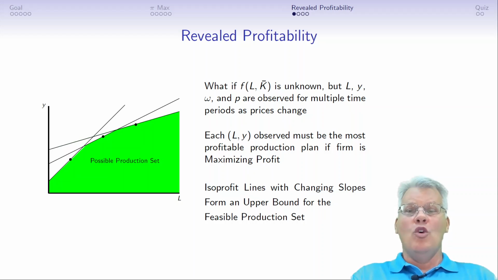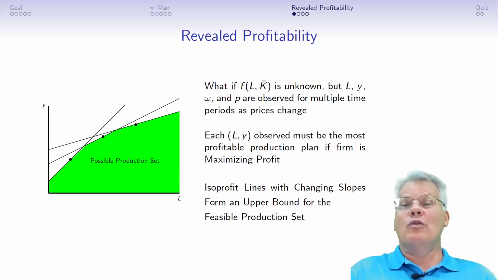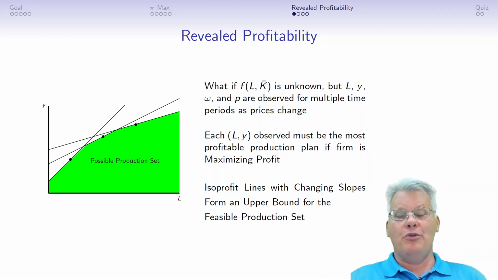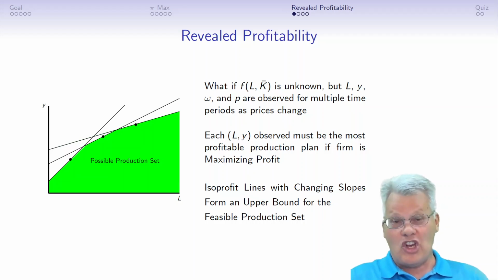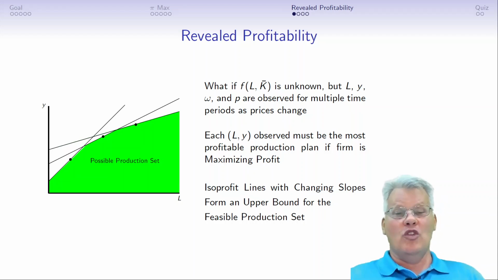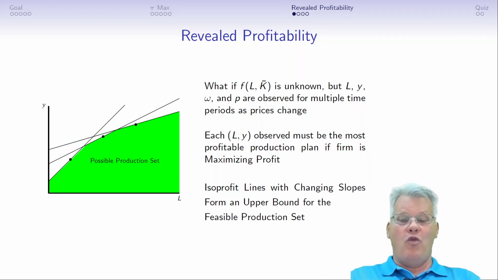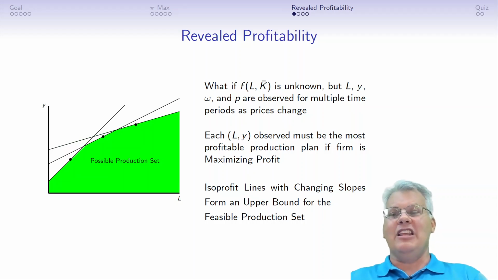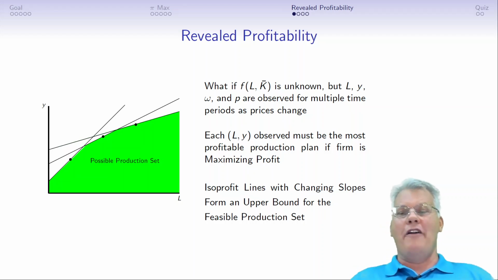Imagine Warren Buffett is looking at the annual report of a firm, and he can observe what inputs are used. He can identify what outputs are produced. He knows what the costs of inputs are. He knows what the price of output is. Buffett can therefore basically draw each one of these isoprofit lines.